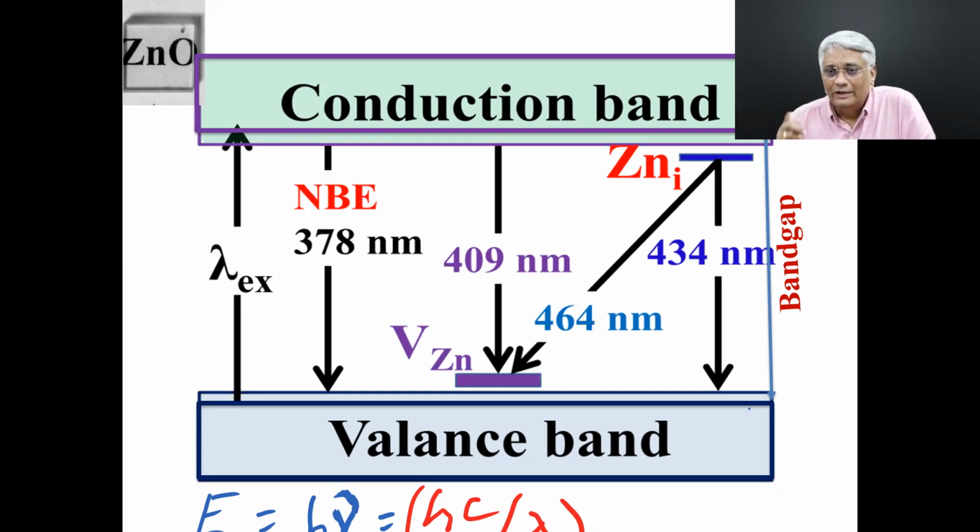For conduction to happen, you should have a partially filled band, half filled or partially filled. This is an empty band into which you pump carriers. And if these carriers are itinerant in the conduction band, you see conductivity.